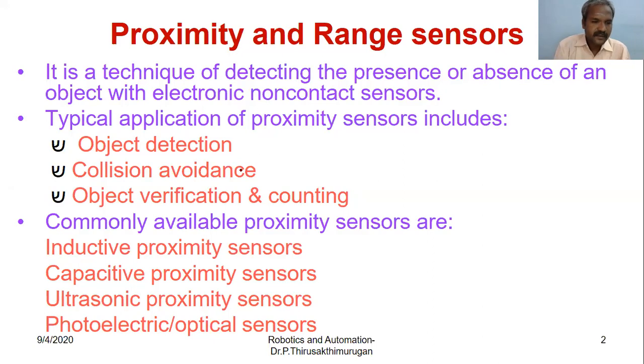Next, the commonly available proximity sensors are the inductive proximity sensor, the capacitive proximity sensor, then ultrasonic, and photoelectric and optical sensors. You can also add the IR sensor.